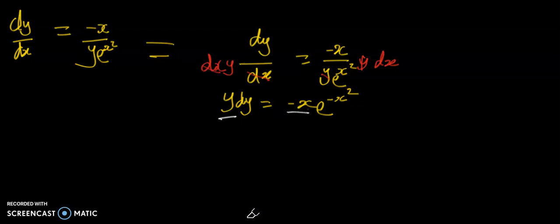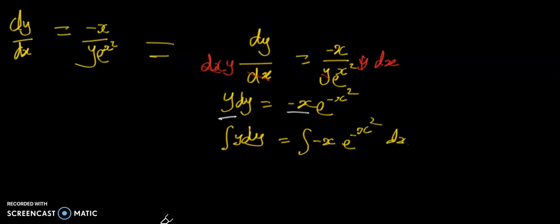So now we can integrate this. If you integrate, you simply have the integral of y dy equals the integral of negative x exponential negative x squared dx.